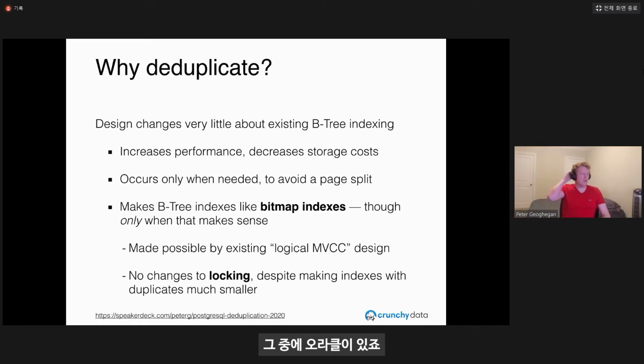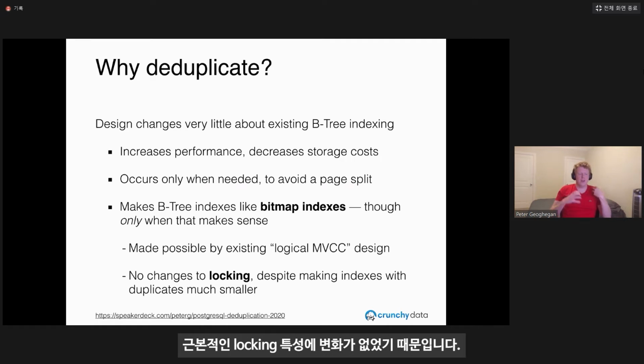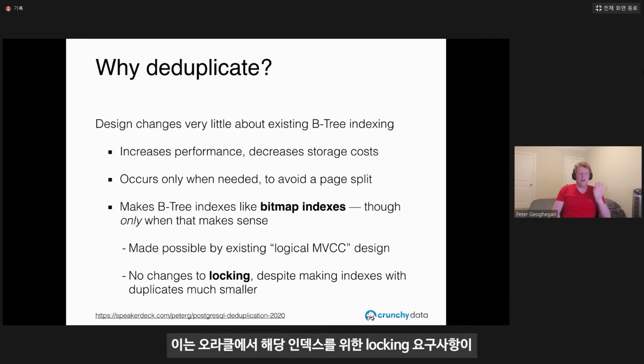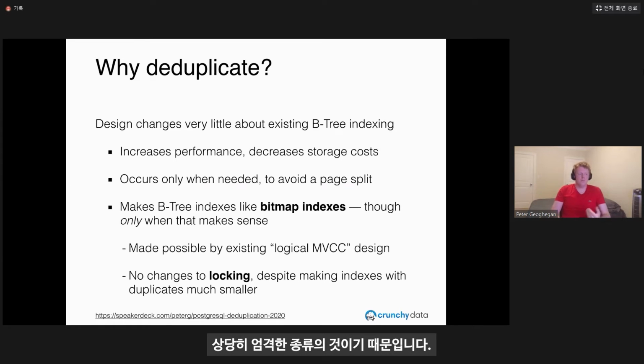In particular, Oracle. However, I like to say that it's quite different to Oracle in that it doesn't change the fundamental locking characteristics of the indexes. So in Oracle, it is well understood that if you have a bitmap index, it's only suitable for data warehousing, for analytics, because the locking that is required on the indexes is quite a strong form of locking.